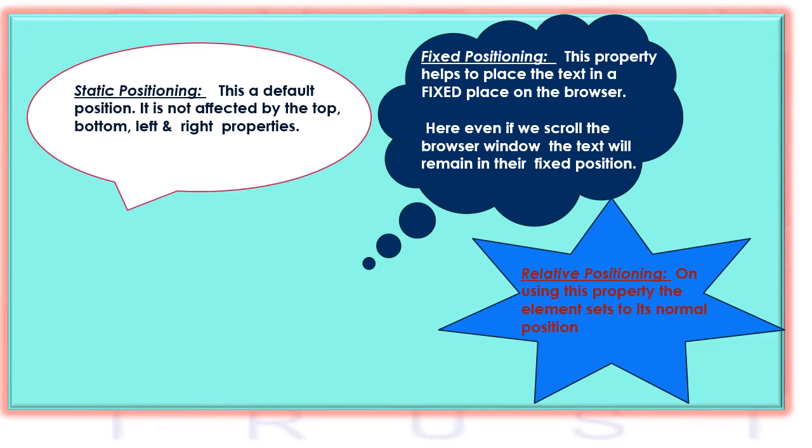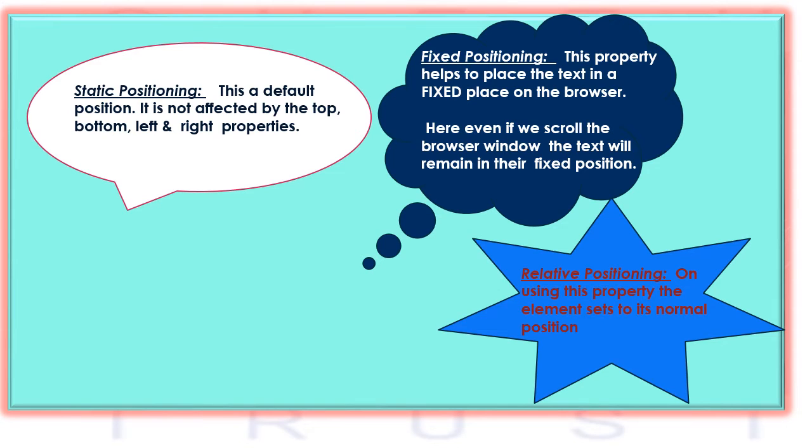The third type of positioning is relative positioning. In relative positioning, you can set the element relative to its normal position. Using this property, the element is positioned relative to its normal position. Here you can specify the pixels wherever you want that element on the screen. That is the meaning of relative positioning.